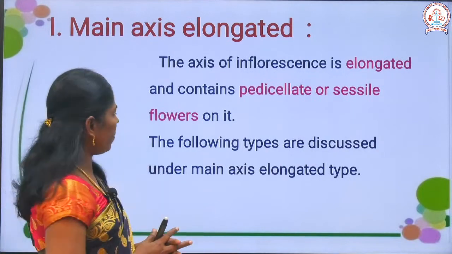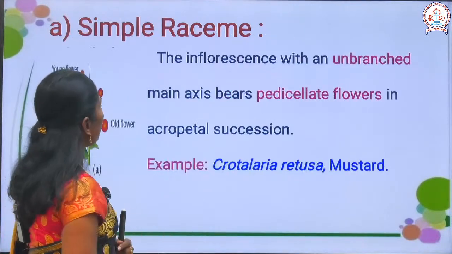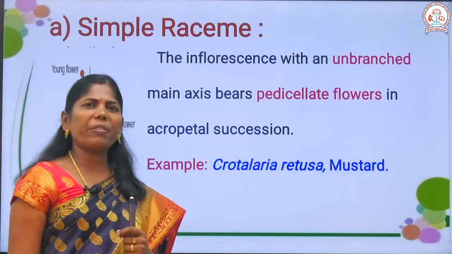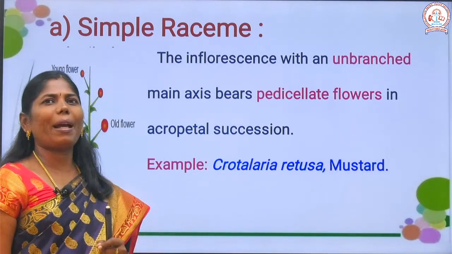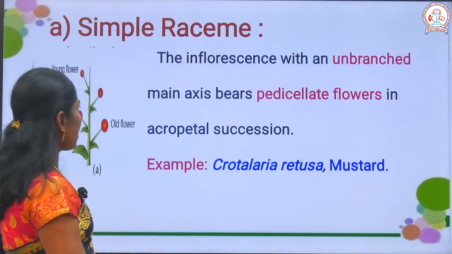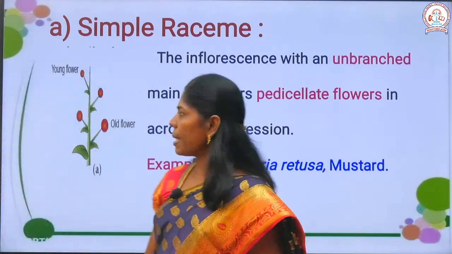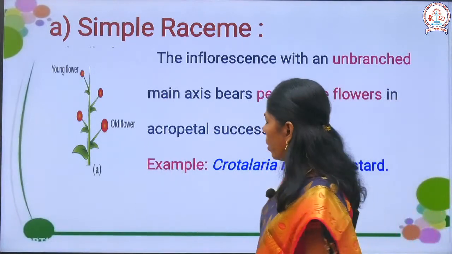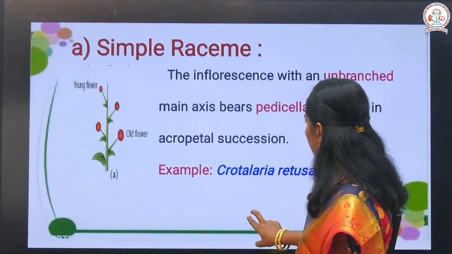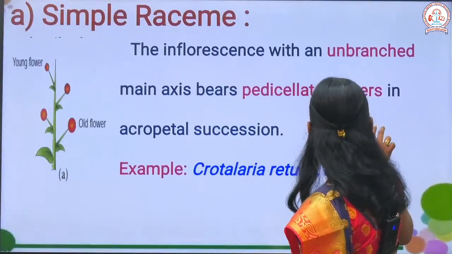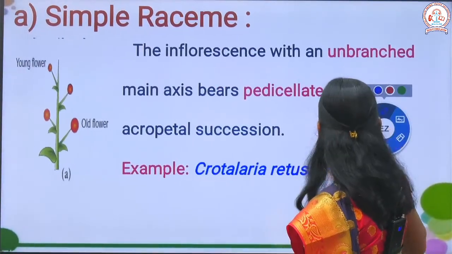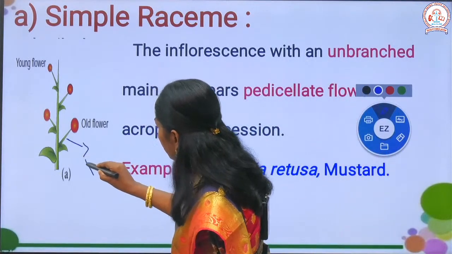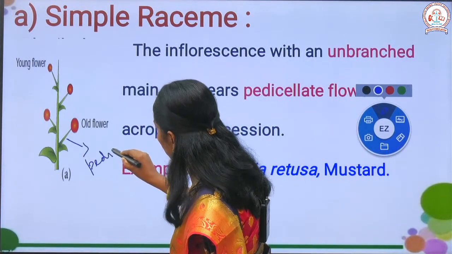So, the following types we will discuss. First is the simple raceme. A simple raceme has only one main axis, and it bears pedicellate flowers.